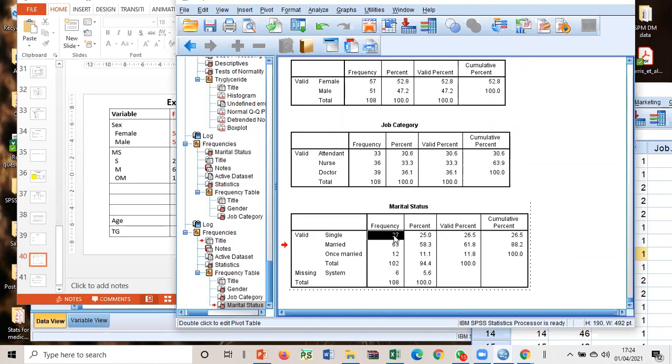If I take 27 over the total, this is 25. Now, which is more reasonable? To say 25% are single or 26.5% are single? It's more logical. Should I say 25% are single or 26.5% are single?